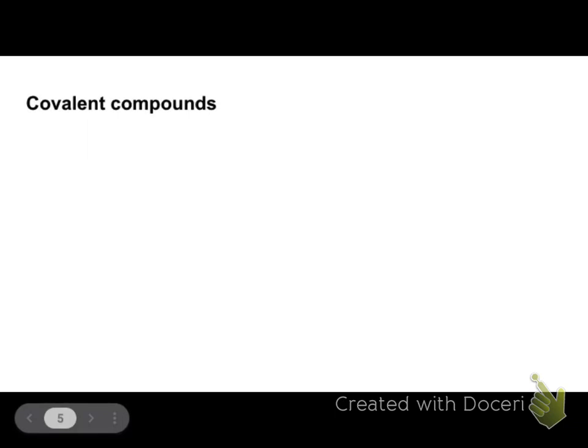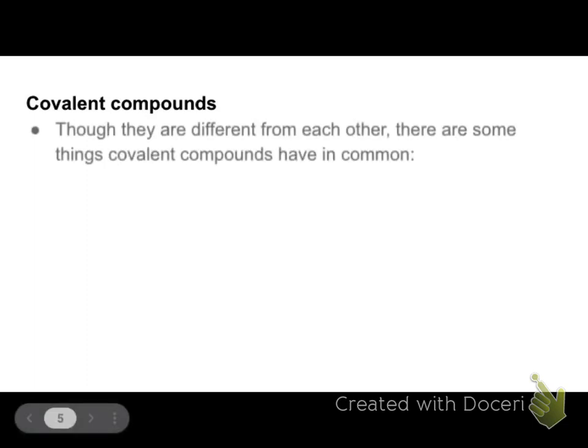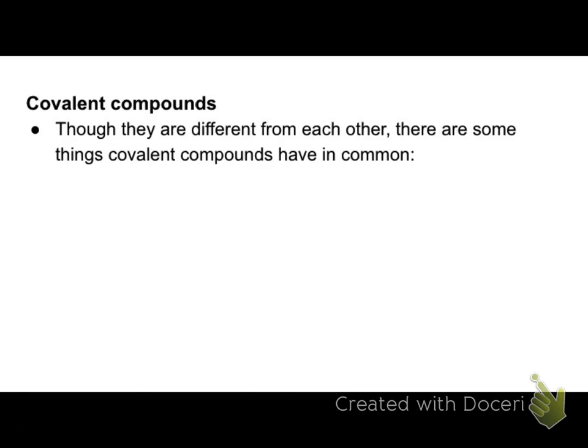Now let's talk about covalent compounds. We know that a compound is the result of a bond forming, so a covalent compound is the result of a covalent bond forming. Though they are different from each other in many ways, there are some things that most covalent compounds have in common.